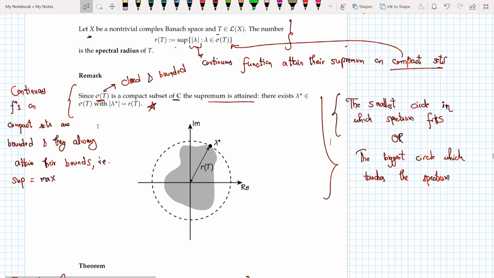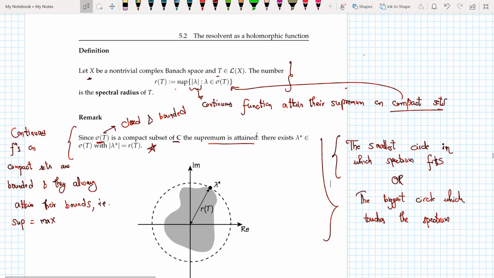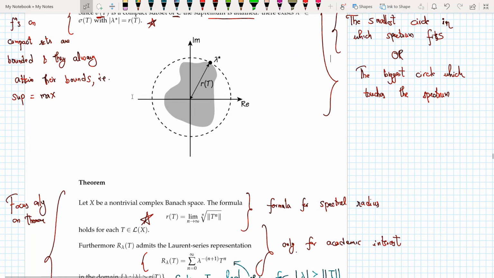And this remark essentially says that since sigma T is closed and bounded, hence a compact set, and mod of lambda is a continuous function, the supremum is attained. Therefore, there exists lambda star belonging to sigma T such that mod of lambda star equals R of T, which is the spectral radius. So this is the idea behind the spectral radius.